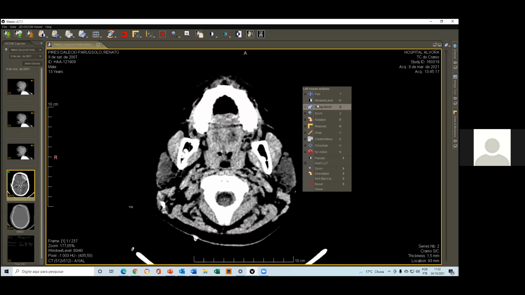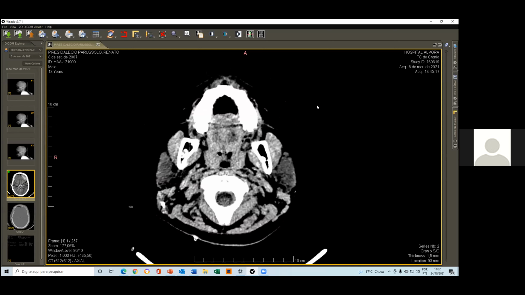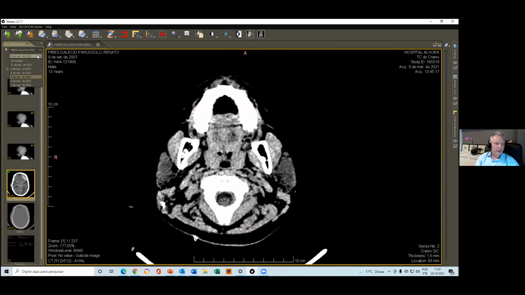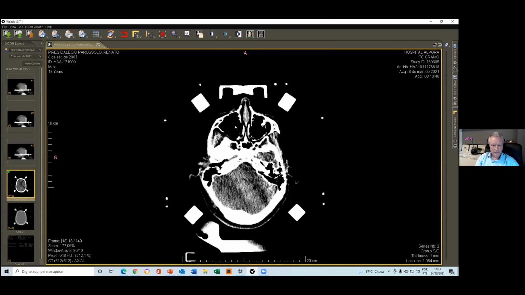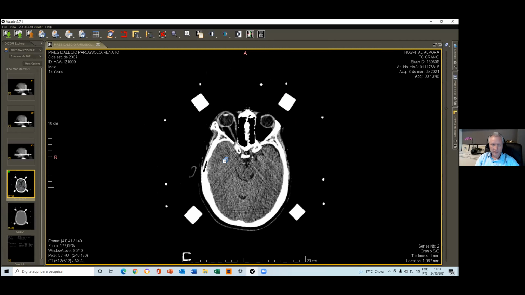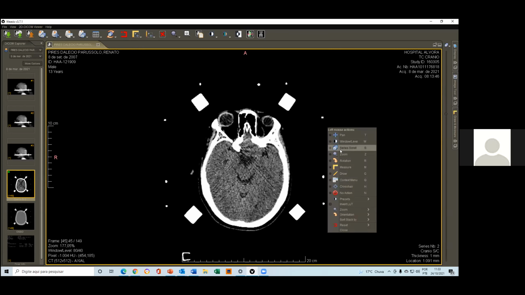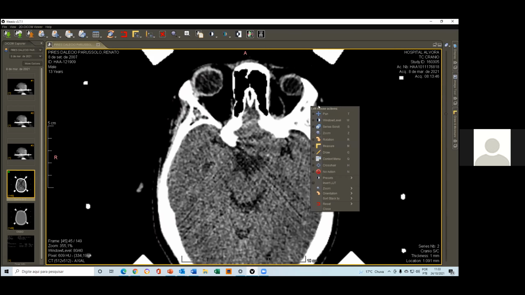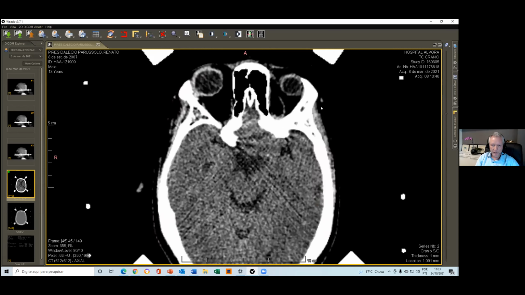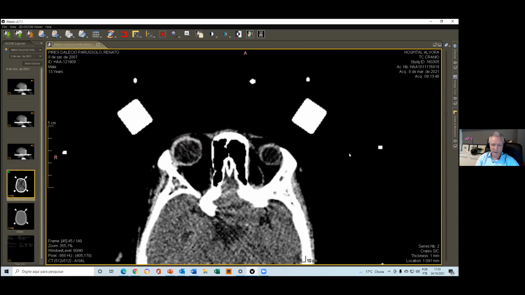Arthur, you have two people questioning if you had a brain window on that earlier bone CT in the OR. Okay, I do have it. I can show it. I will zoom it up just to find it. Do you want to see the whole brain or just the site of the pin? It's likely the site of the pin that they want to see, right?